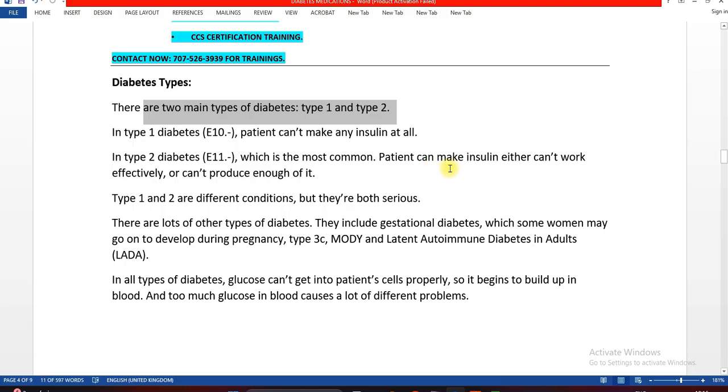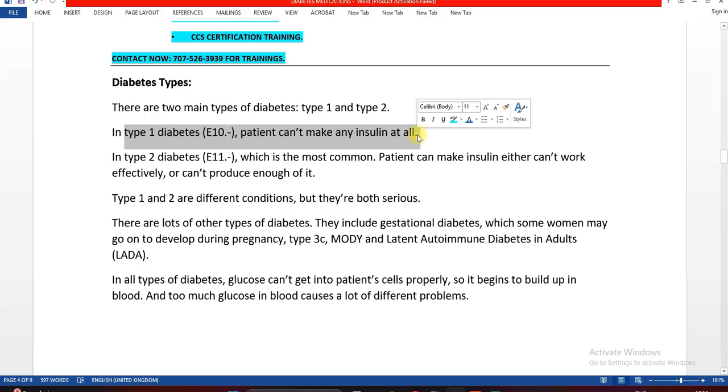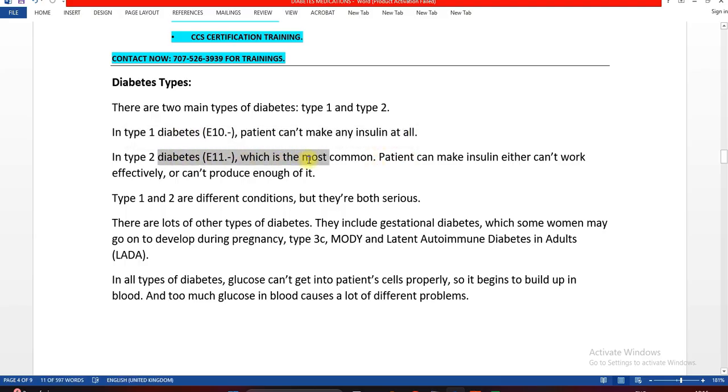Here the patient makes insulin but it can't work effectively. So that is the difference between type 1 and type 2: in type 1 the patient can't make insulin, while in type 2 the patient can make insulin but it will not be effective.